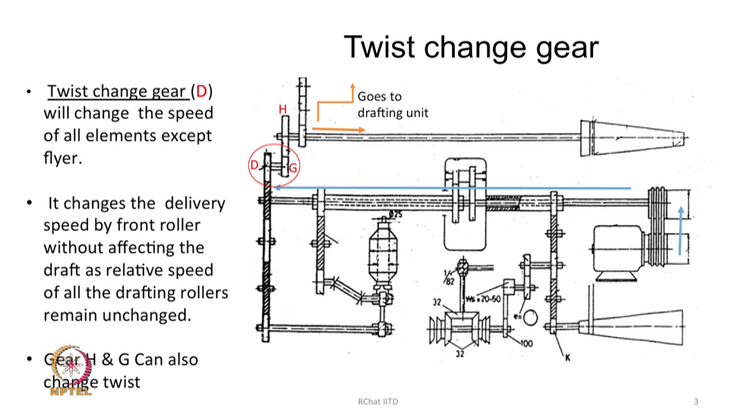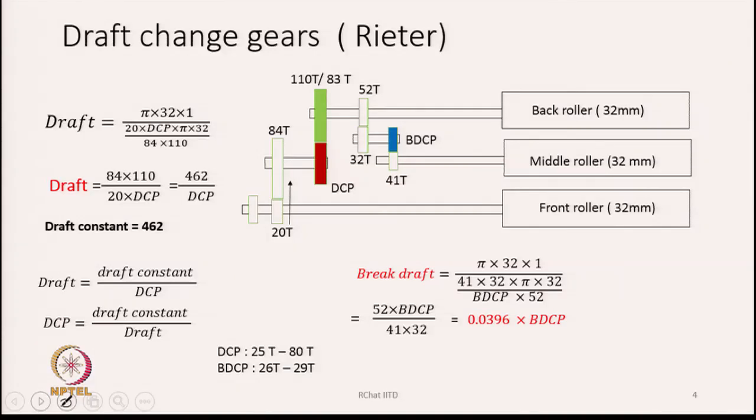Okay. From there we go to the next thing that we need to change from time to time on the machine, which is draft. Sometimes we have to produce a finer roving, sometimes a coarser roving, sometimes the hank or the linear density of the sliver is going to change.